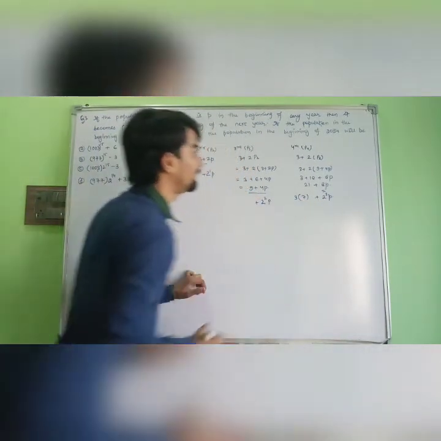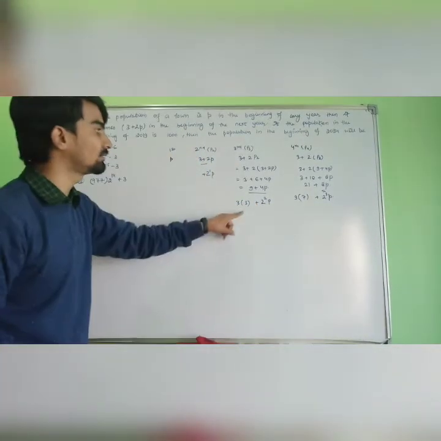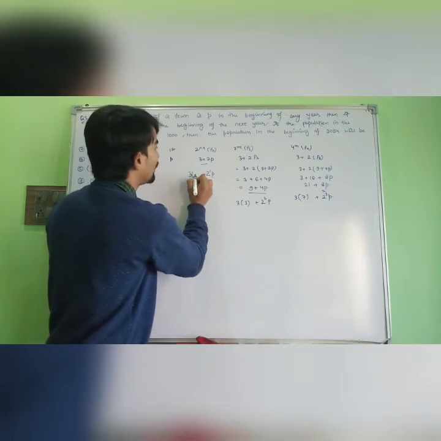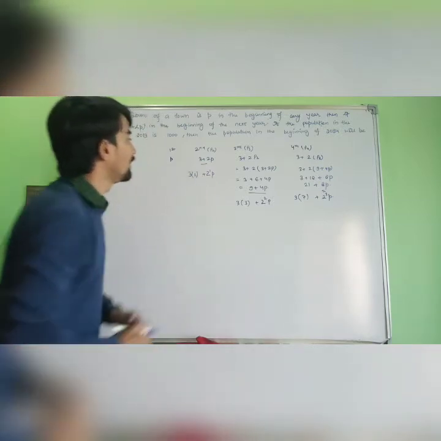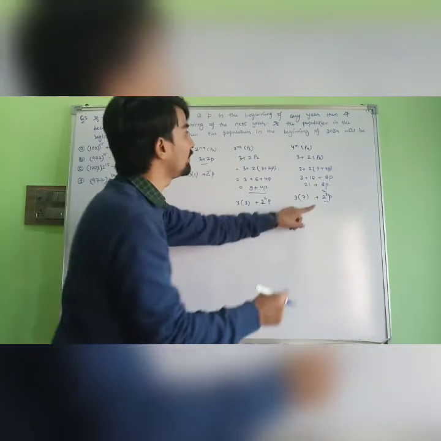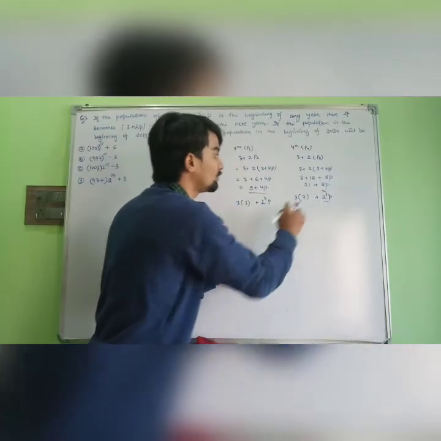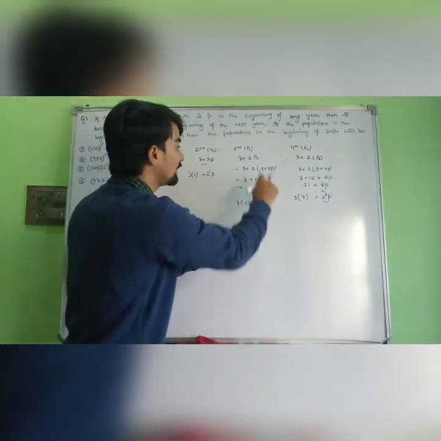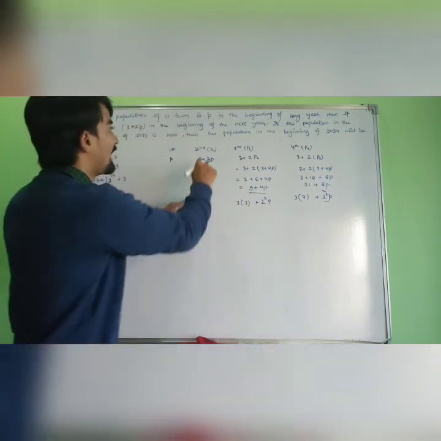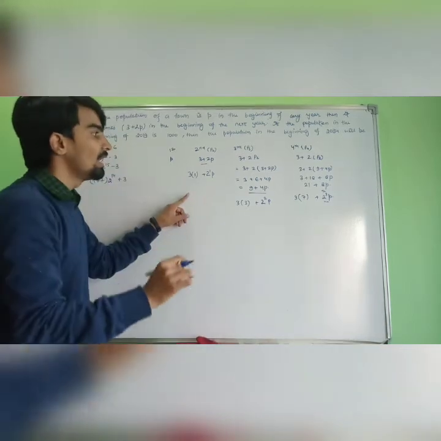We will be left with 7, 3 and 1. Now this is clear. Then for the fourth year it is 2 to the power 3 into P plus 3 into 7. For the third year it is 2 to the power 2 into P plus 3 into 3, and for the second year it is 2 to the power 1 into P plus 3.